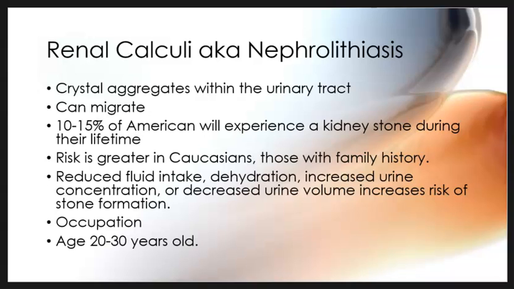The risk of nephrolithiasis is lowest among Mexican Americans and African Americans, and those who have reduced fluid intake, dehydration, increased urine concentration, or decreased urine volume will increase the risk of their stone formation as well. Occupation has also been identified as a possible risk. So those who have increased exposure to high temperatures or a sedentary lifestyle are at greater risk. Stones are uncommon before the age of 20, but their peak onset is between 20 and 30 years old.